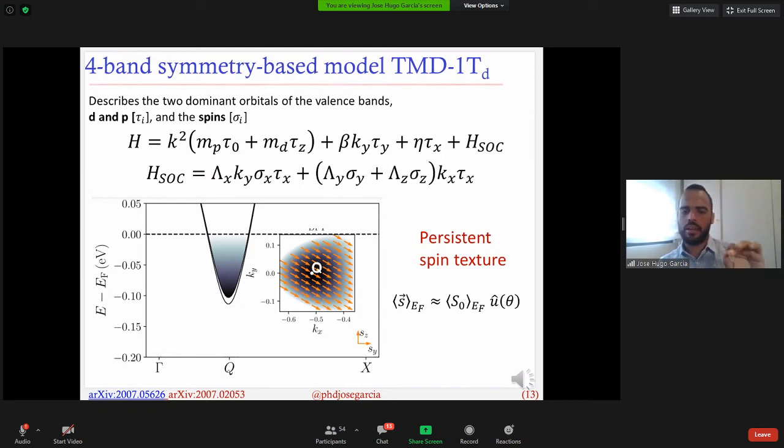In the model, we can turn it to 0 or to some small value. And what happens is that there is a splitting, but we see basically no change in any of this behavior that I showed. So there is a tiny splitting. Actually, we also made some calculations that are not presented here, with the substrate, without the substrate, with the multilayer. And we don't see that this inversion symmetry changes this particular phenomenology.